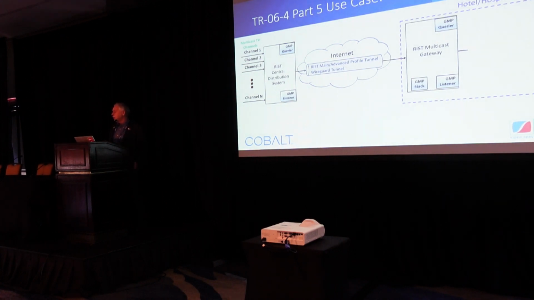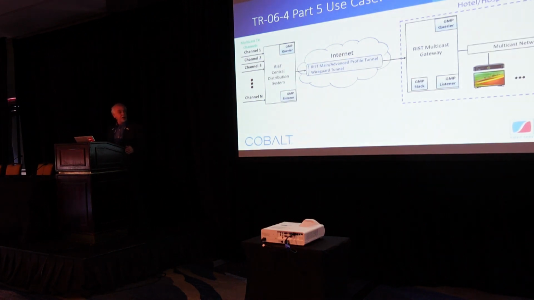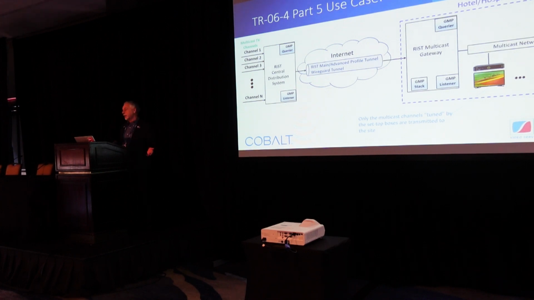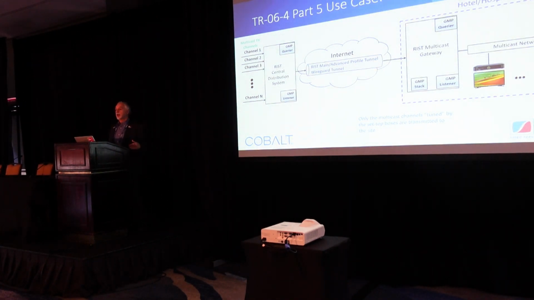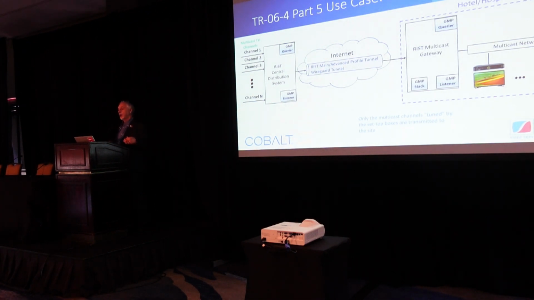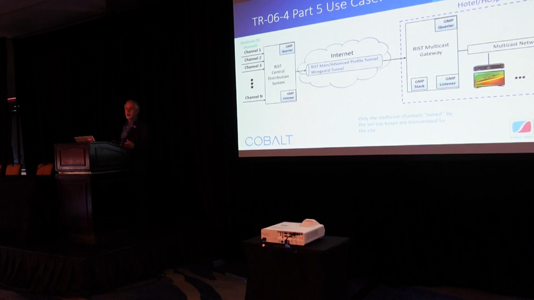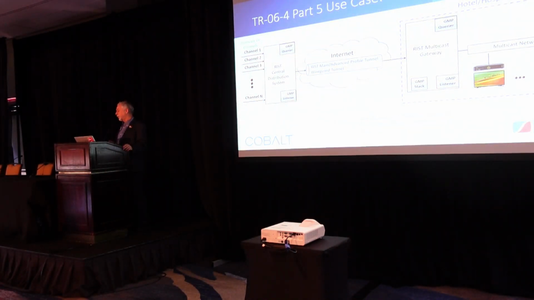So you drop a RIST multicast gateway in there, and then you have a multicast network. Only the multicast groups tuned by the set-top boxes are sent over the wide area network. You don't need to send everything. This is a cheap way to do that distribution without having to buy or configure a high-end multicast router, which those things are not for the faint of heart.